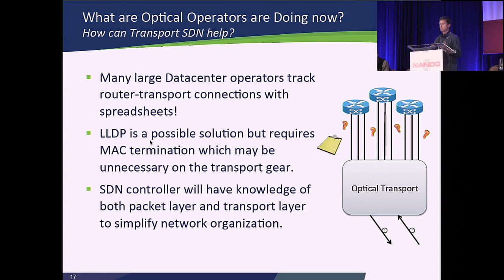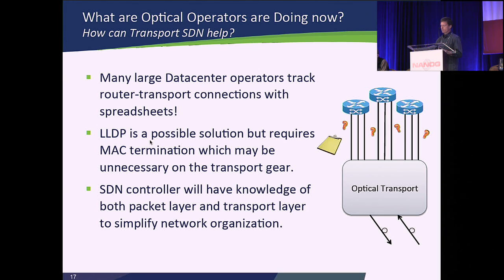Transport, again, is unique in that there are no headers to examine. So what you might do with LLDP at the packet layer, you can't do at the transport layer. And the way transport gear is used in a lot of data center interconnect is as a transparent pipe, using G.709 or some method to encapsulate packets.